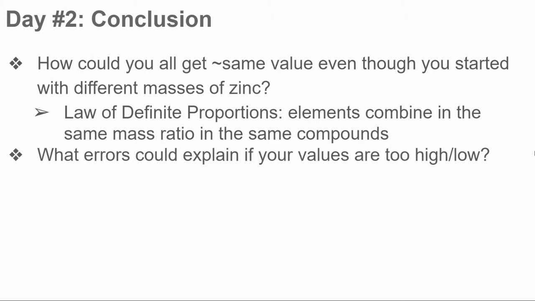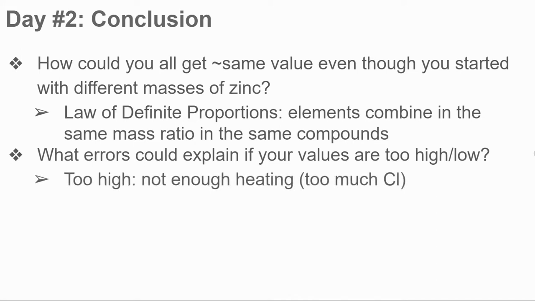And then think about errors that you could explain if your values were too high compared to the rest of the class. So if you had more chlorine to zinc than other groups did or less, what can you think of that would explain that difference in your ratio?